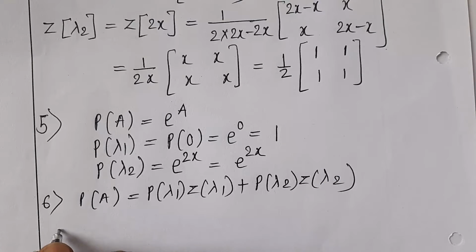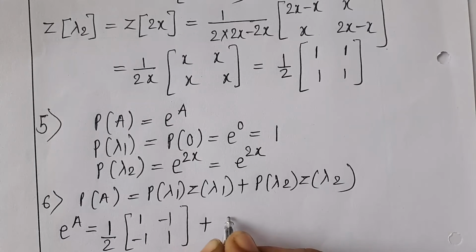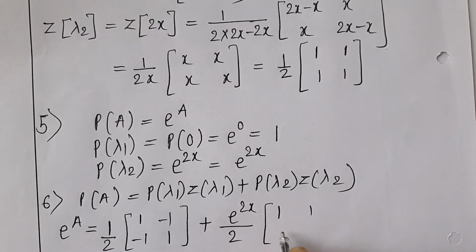So P of A is e to the power A, P of lambda 1 is 1, Z of lambda 1 is 1 by 2 times the matrix 1, minus 1, minus 1, 1, plus P of lambda 2 is e to the power 2x divided by 2, times the matrix 1 1 1 1.